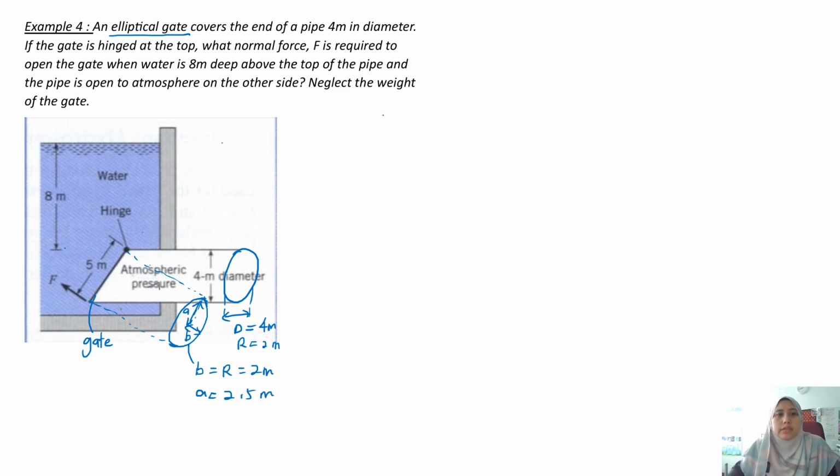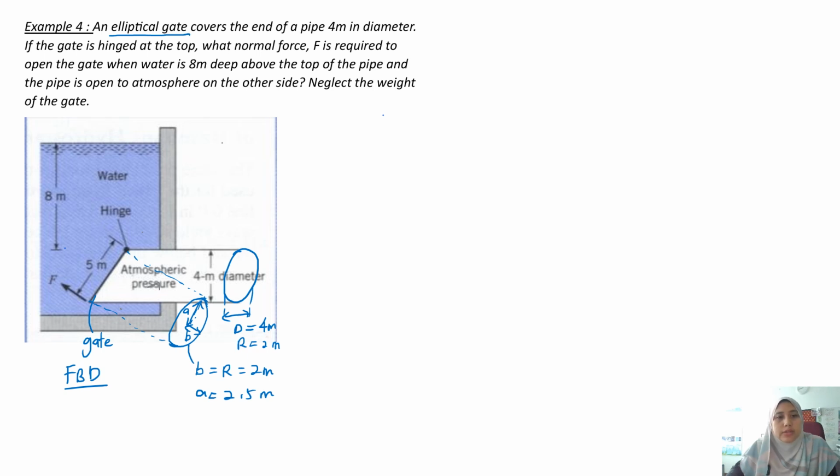Alright. Remember, when you want to solve this kind of problem, the first step is to draw the free body diagram. In this free body diagram, you have to state all the forces that act on the gate. So the gate has hydrostatic force exerted on it.